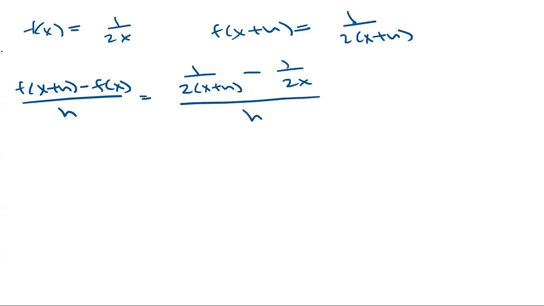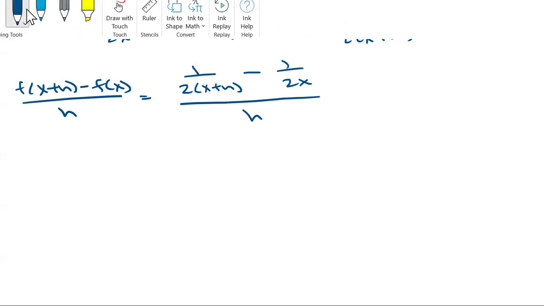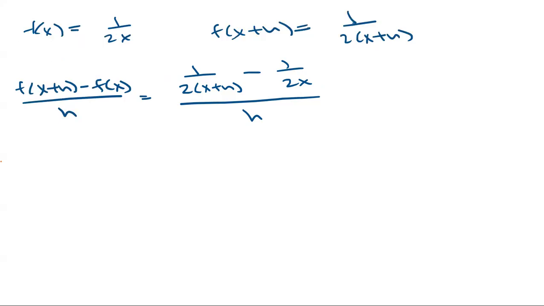Okay. Now, what I like to do in these types of problems is solve them by parts to organize my information. So I'm going to focus on the numerator here first. I'm going to write my scratch work on the side.